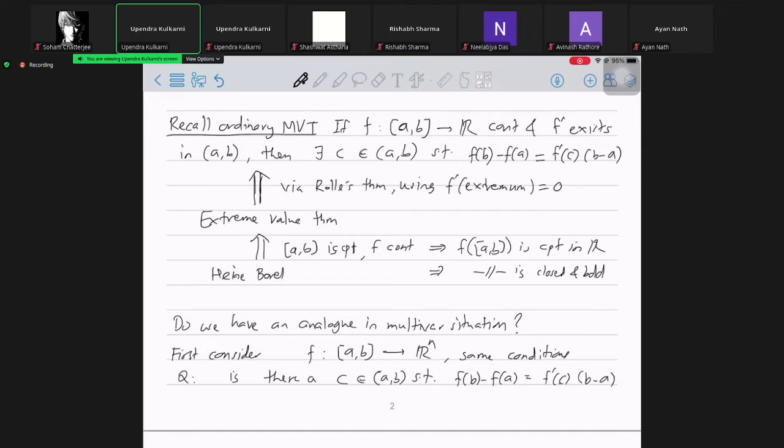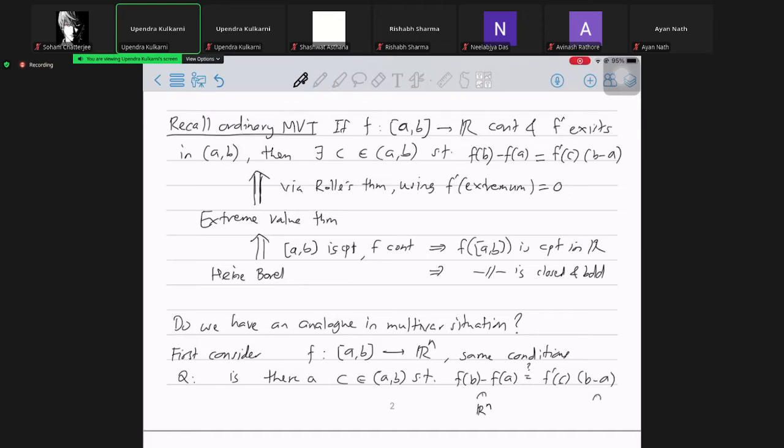And in any case, what would this equality be? Does it kind of make sense? F of B minus F of A is a quantity in Rn. So this is a vector in Rn.